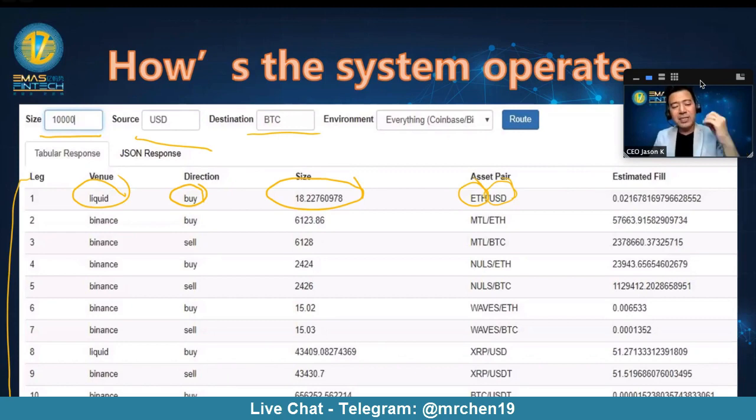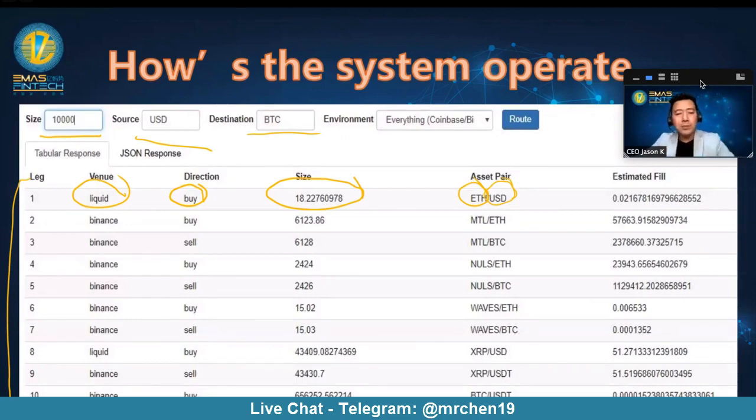My system captured this and will have this 18.2276 of Ethereum locked for a 20 second period. Later on, I will tell you why there is a time period, and what I'm going to do during this time frame.